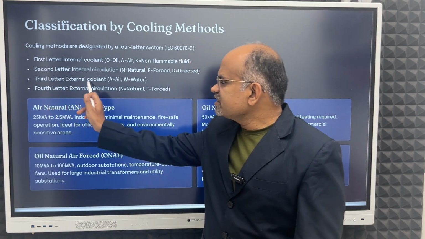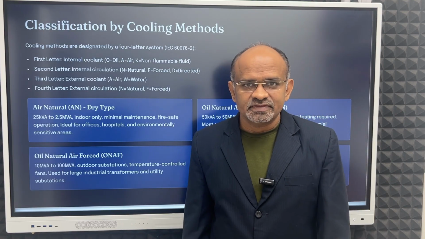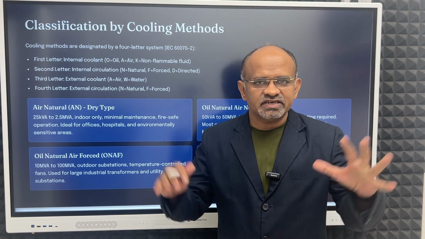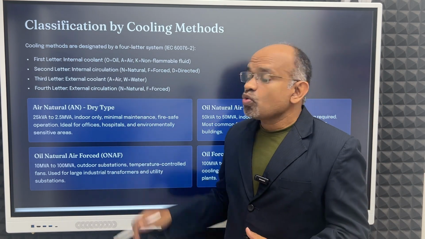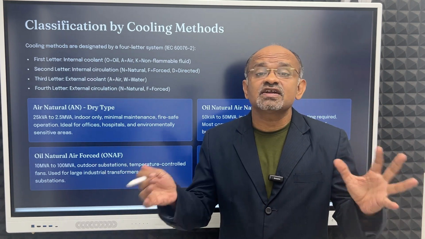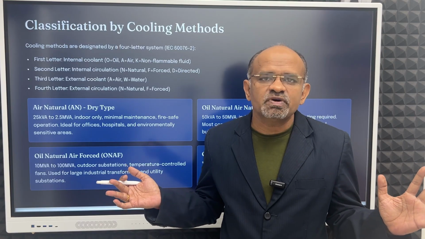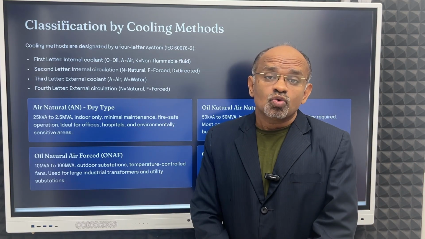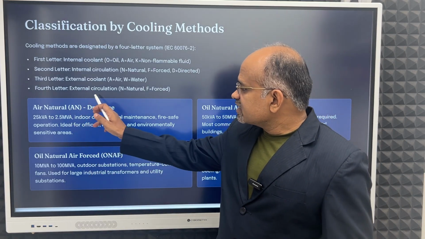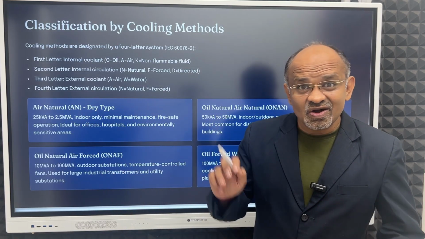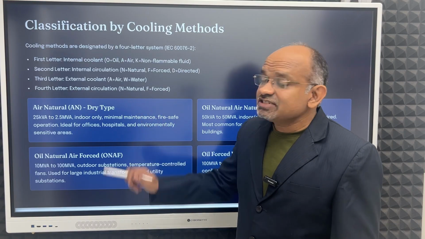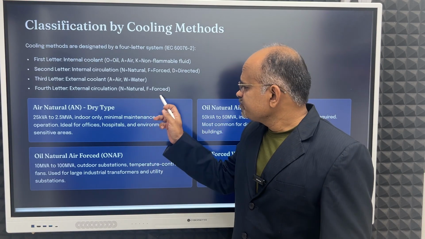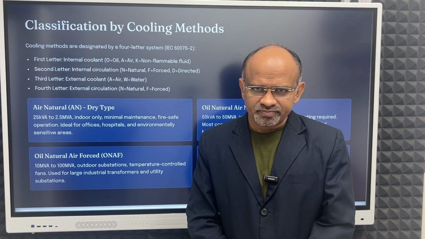Now, third letter, external cooling. You have seen air cooling, where externally air is used. Water is also used for external cooling for huge transformers where managing heat becomes a problem. Then fourth letter, external circulation. First is natural circulation, automatically by nature it is getting cooled, and second is forced.